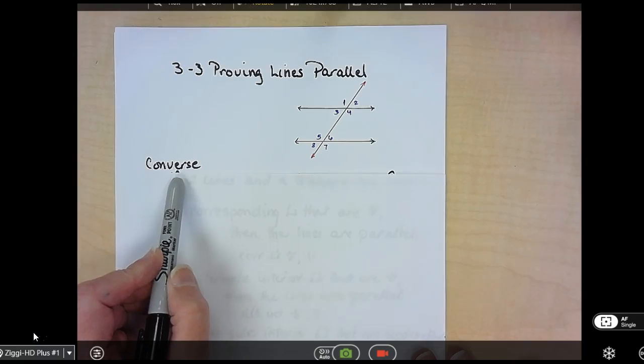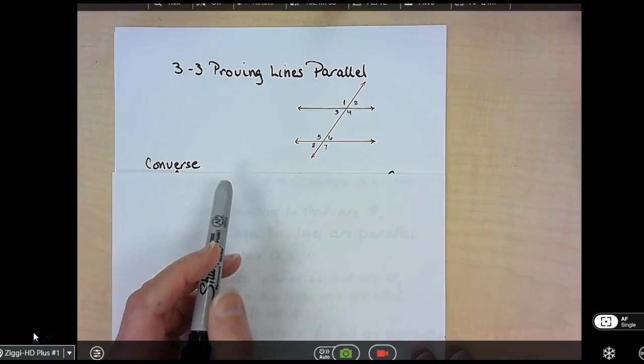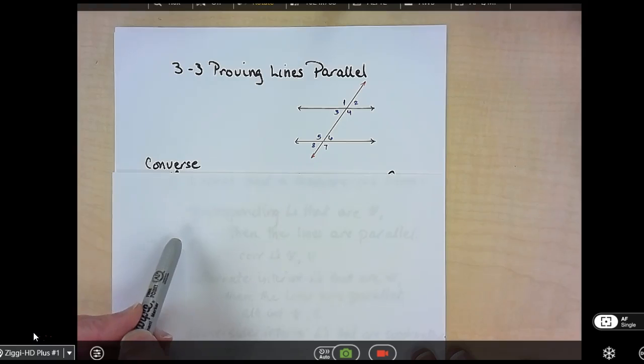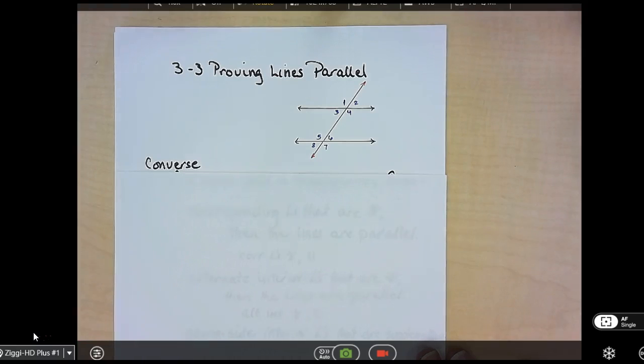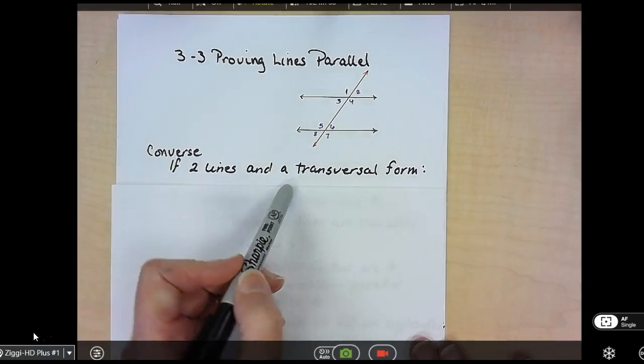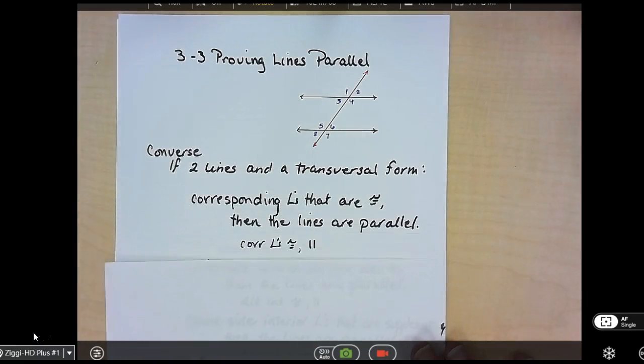If you remember converse, if A then B, it switches to if B then A. So your conclusion becomes your hypothesis. So all these will start with: if two lines and a transversal form, and then we go into the rest of it.